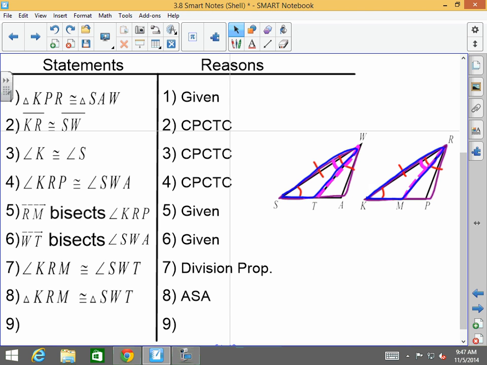And then from there, I can easily prove that RM is congruent to WT because of CPCTC. Now, some of you may say, what about HL? Were we ever given any information about a right angle or a right triangle here? So HL is off the books here. It's not even a remote possibility.